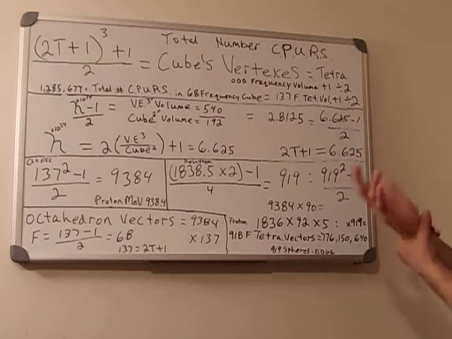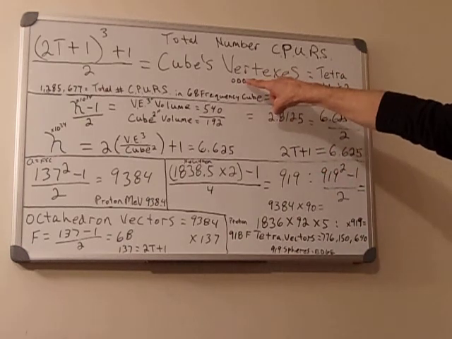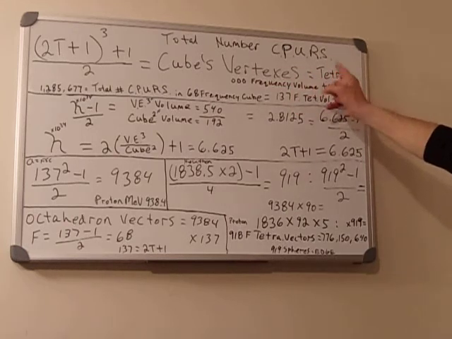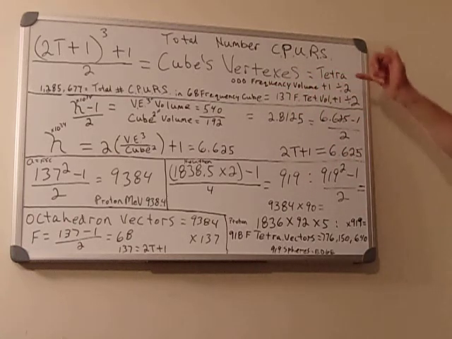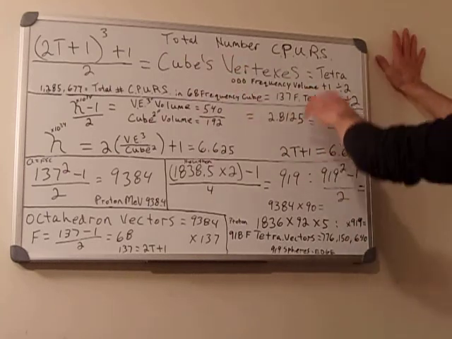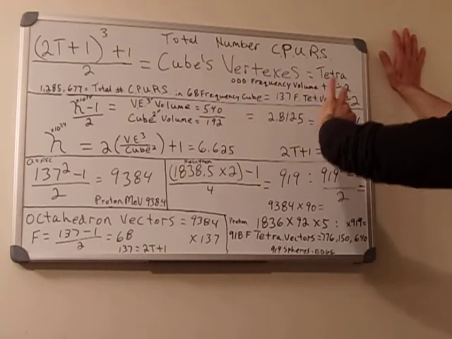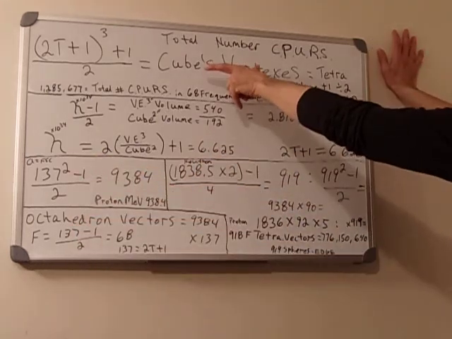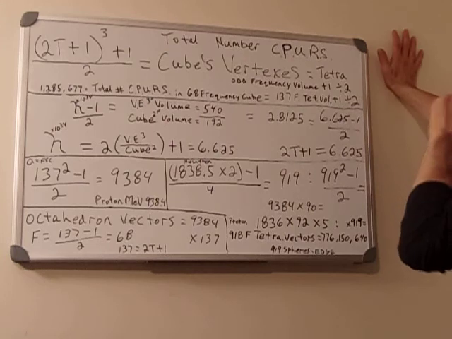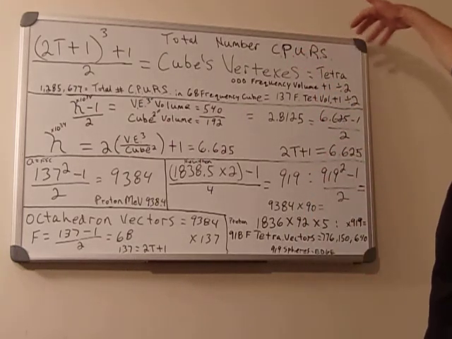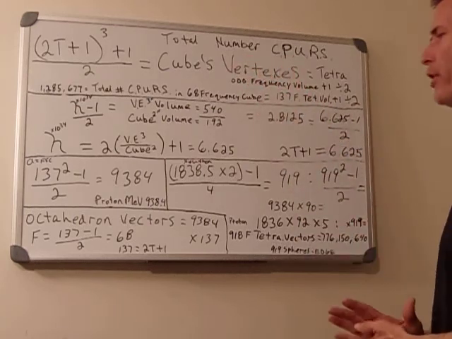And that's also interesting because remember that every odd frequency volume of the tetrahedron plus 1 divided by 2 is equal to the cube's vertexes. So the tetrahedron's volume also transforms itself into the octahedron's vectors and into the cube's vertexes by a very basic and simple formula. It's odd volume plus 1 divided by 2 equal to the cube's vertexes.